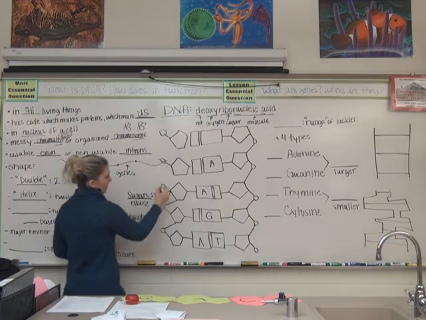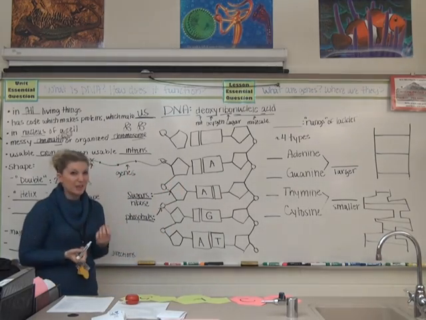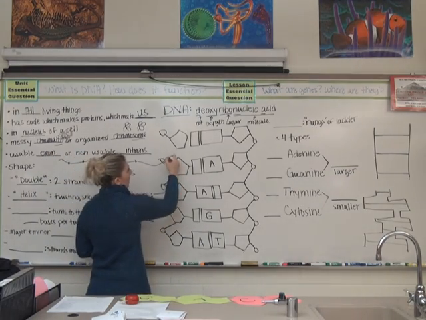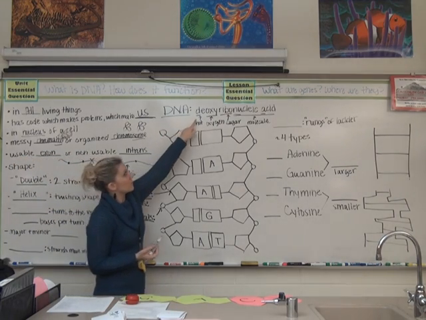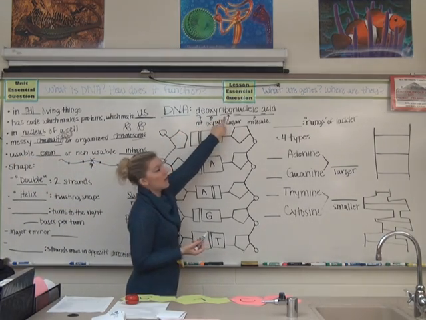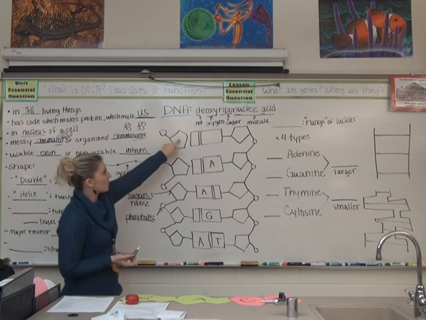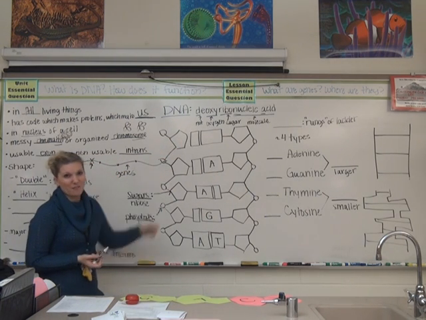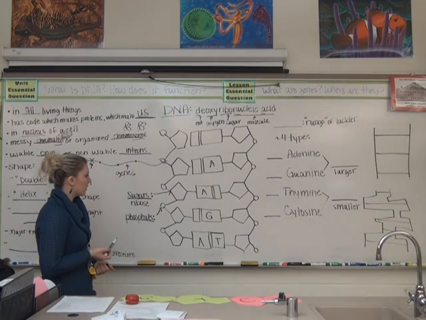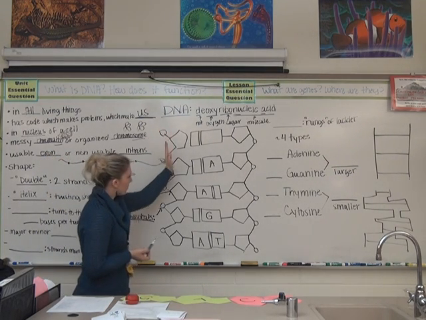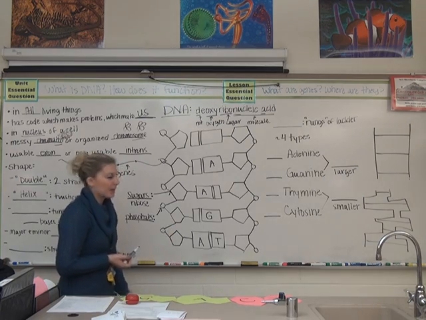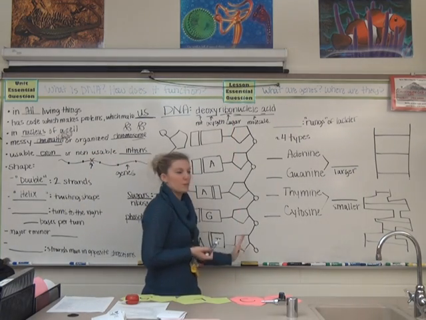The phosphates are what is responsible for binding these ribose sugars together. Now remember, DNA stands for deoxyribose, and that ribose is the sugar. So these sugars right here don't have oxygen, which remember is a little bit weird for a sugar. So overall, we have one strand right here of DNA, and we have another strand right here of DNA.